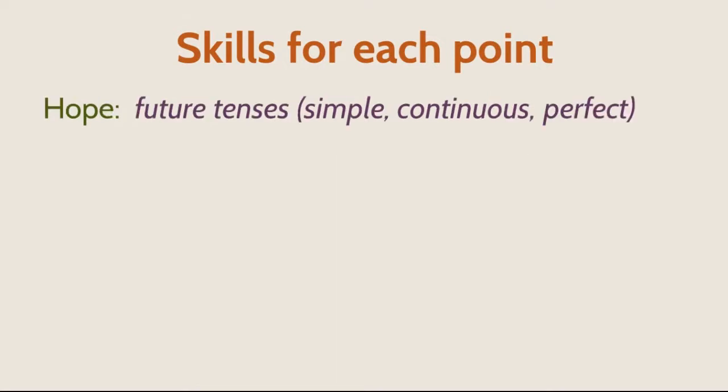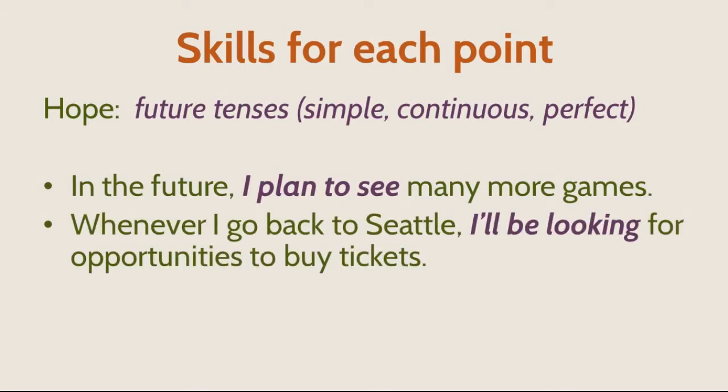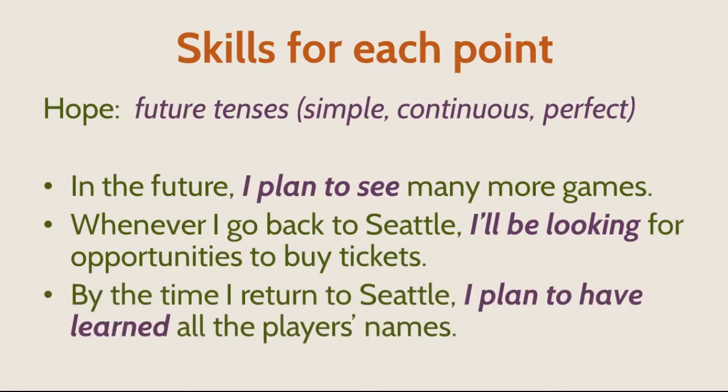And the final point, hope, we are using future tenses: future simple, future continuous, and future perfect. Now, if you don't know how to use these grammar structures, don't try to force yourself into them.